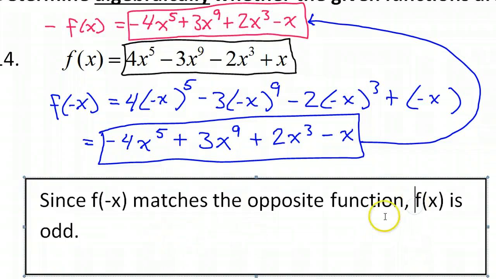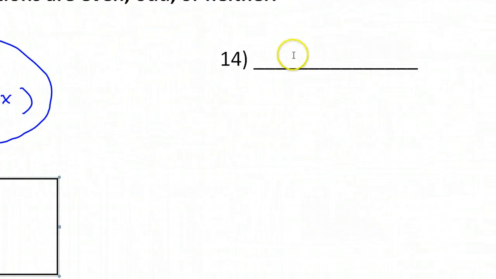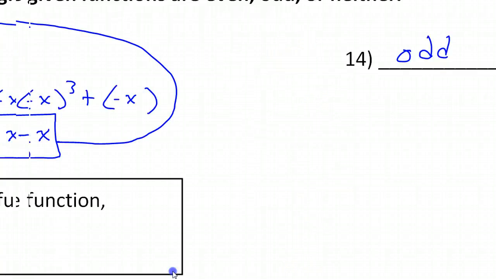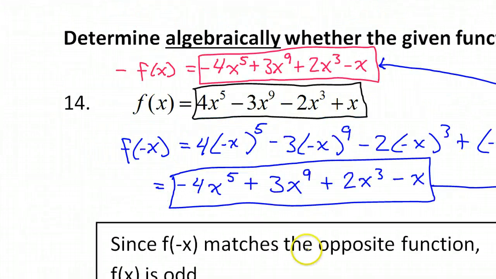Yeah, there you go. So, it's odd. That's the bottom line. But you got to prove it. If you just say it's odd, that's not enough. It had to be algebraically, and this is how you do it.